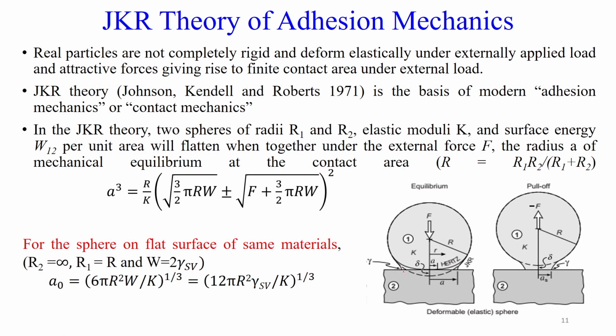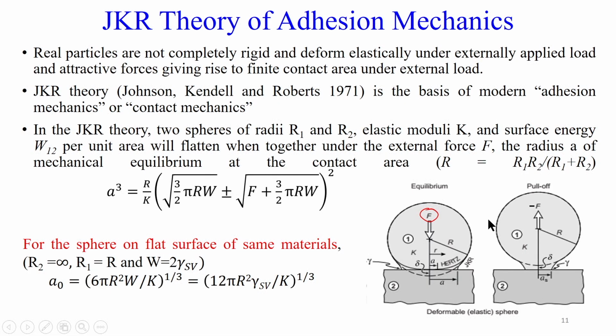This deformation, this dotted line, may be due to any applied force F, or even the attractive forces between the solid surface and the sphere. In any case, because of the presence of external forces or external load F, there may be deformation, and the rigid structure may not be there.